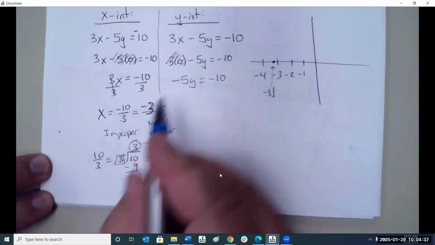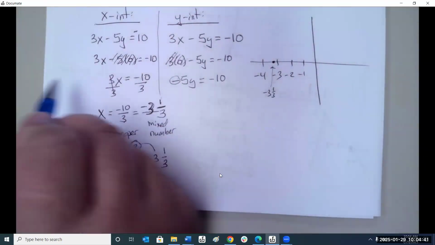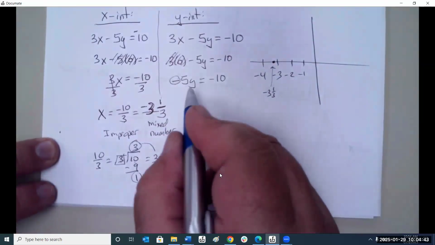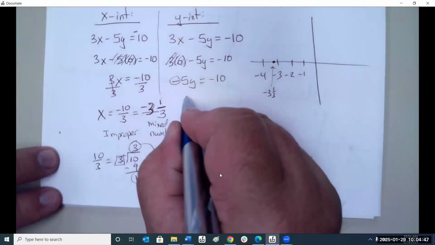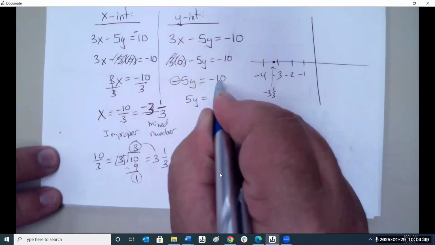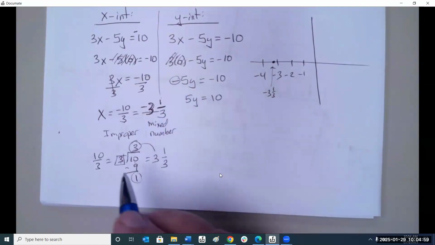-5y equals -10. First off, we have to get rid of this negative. So first off, across the entire equation, change all the signs. This becomes a +5. This becomes a +10. I'm doing the same thing across, so nothing's changing. I'm just changing the way it looks. So first off, get rid of the negative.